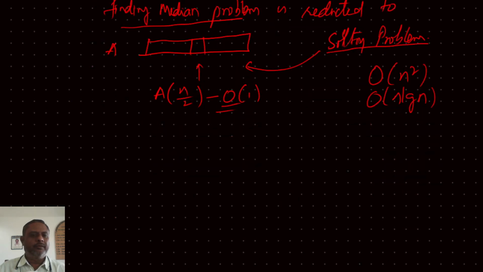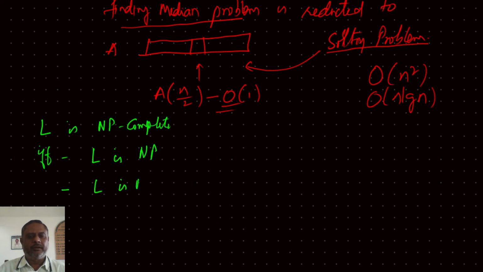So now we can say L is NP complete if and only if, first, L is an NP problem, and second, L is NP hard.